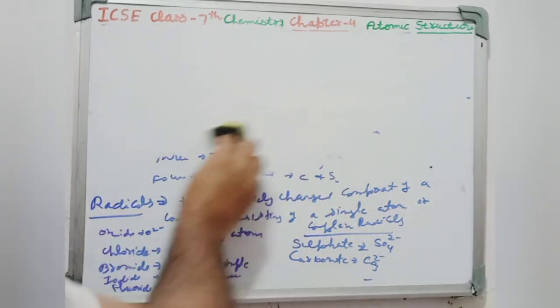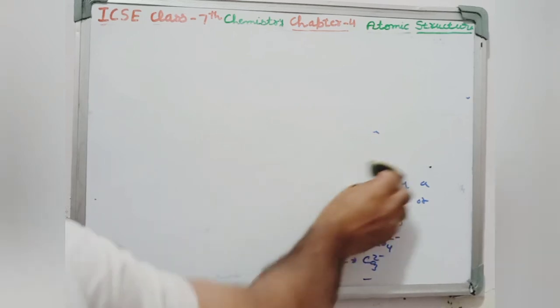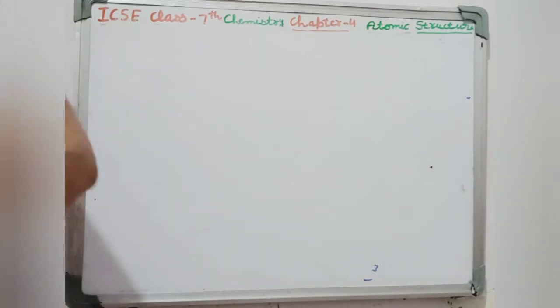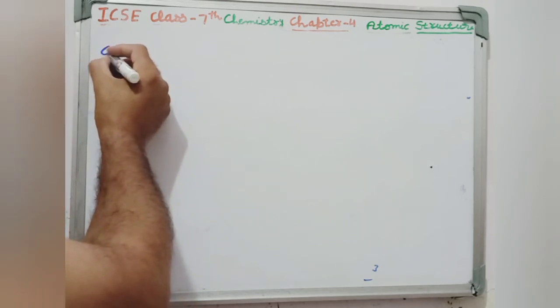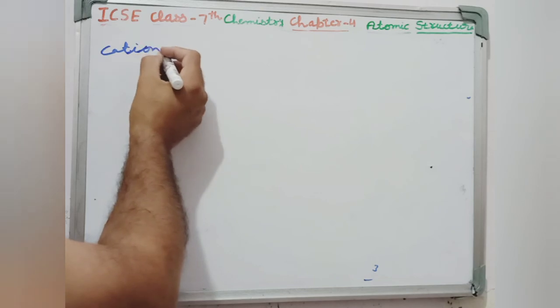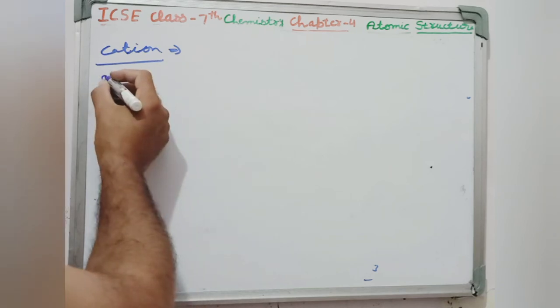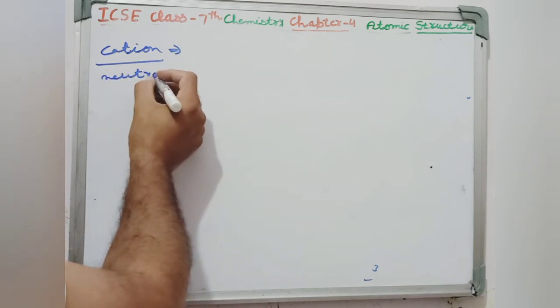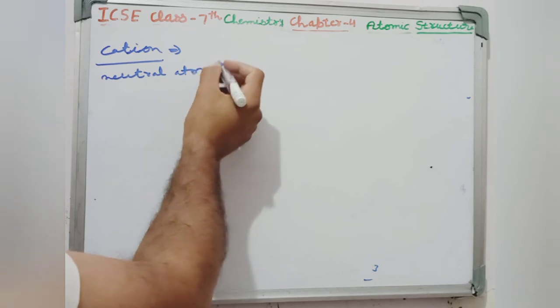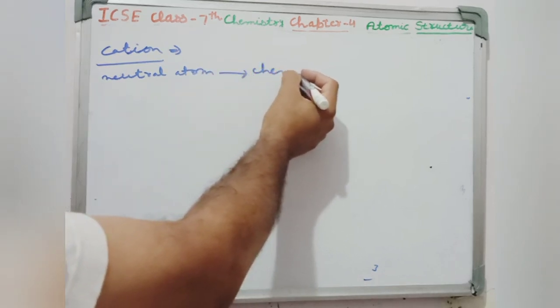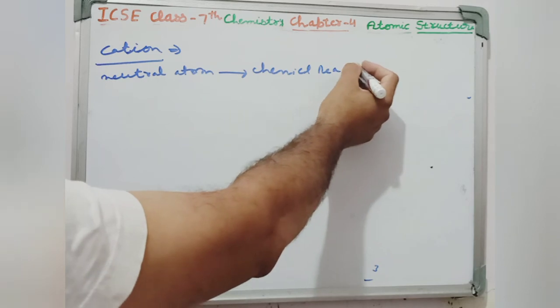Now we will study about losing or gaining of electrons. First of all, cation. What is cation? When a neutral atom enters into a chemical reaction, it has to do two works.